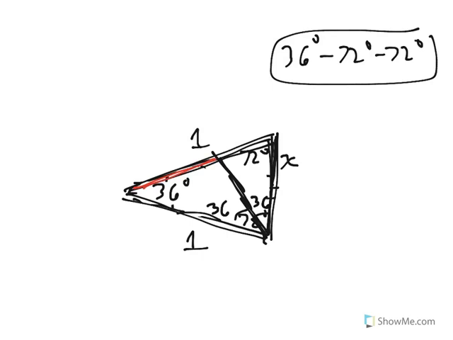That makes this triangle here a 36, 36, 108 degree isosceles triangle. This green triangle has a 36 degree angle in it, a 72, which makes this other thing 72. So this green triangle here is actually similar to the large blue triangle.